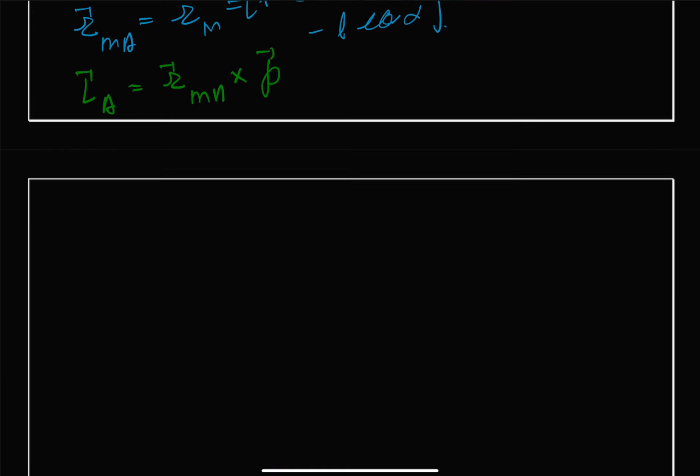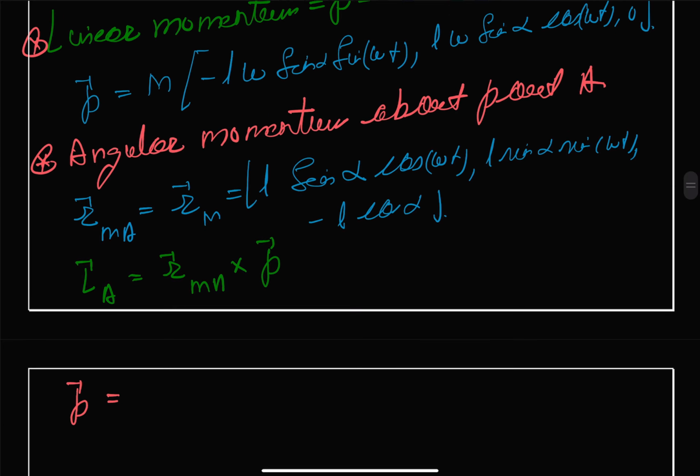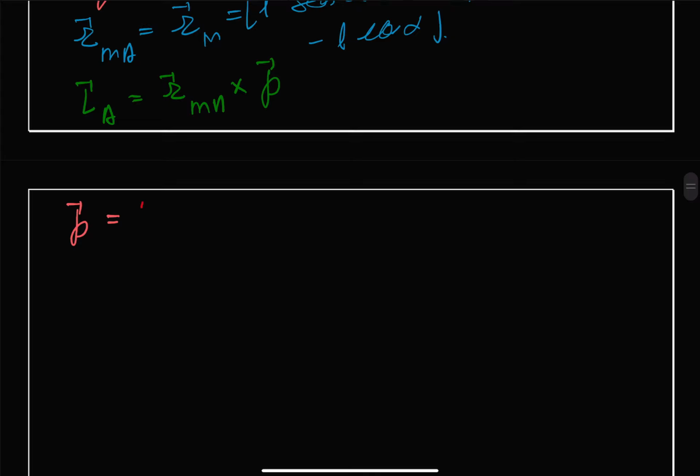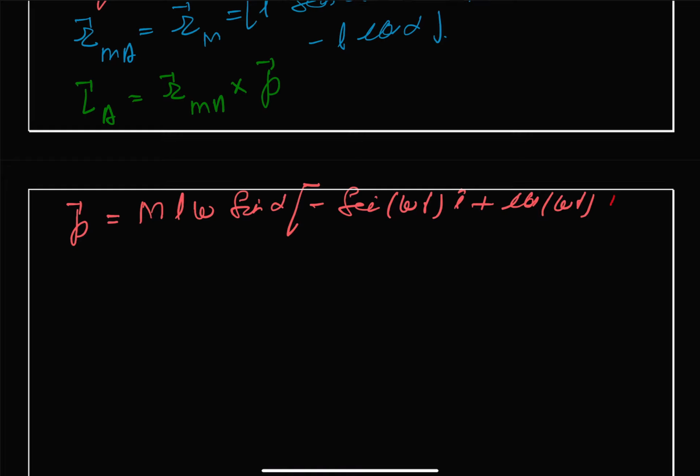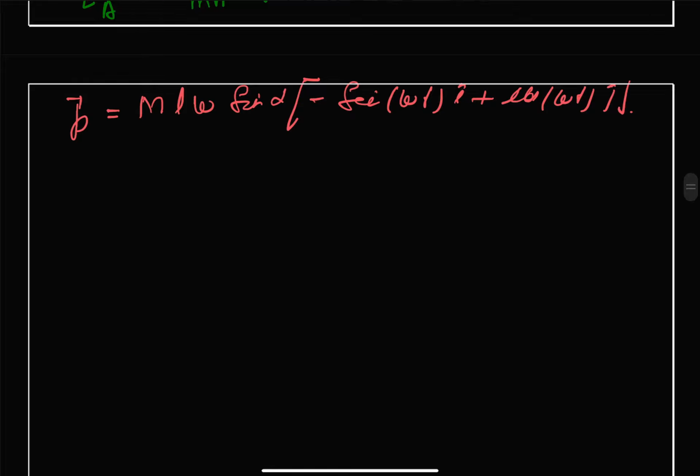We can take m L omega sine alpha as common, so P comes as m L omega sine alpha times minus sine omega t i unit vector plus cos omega t j unit vector. Now we can easily substitute it.